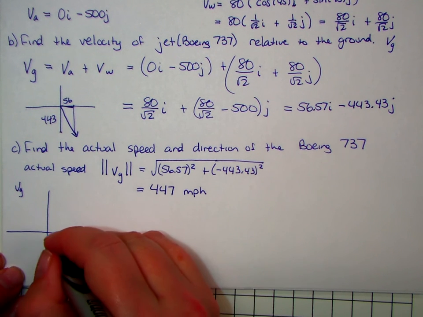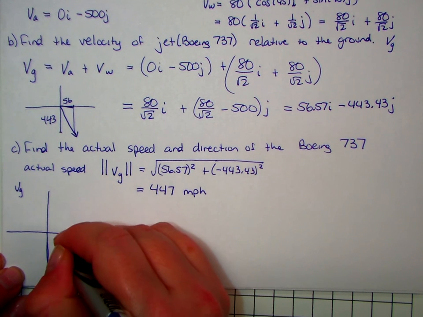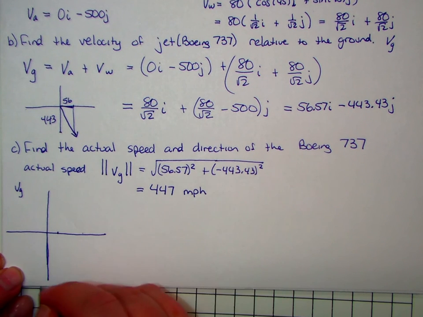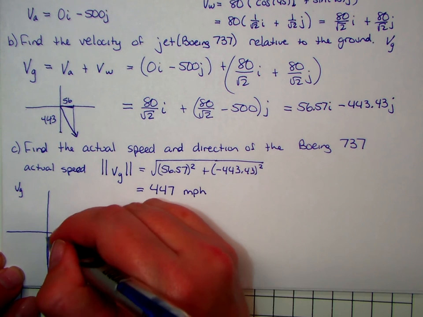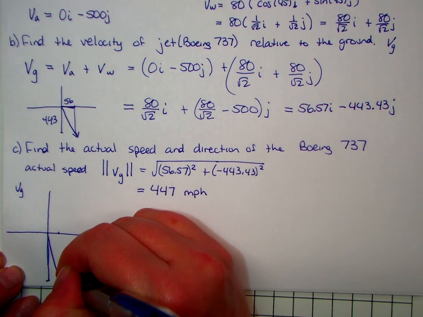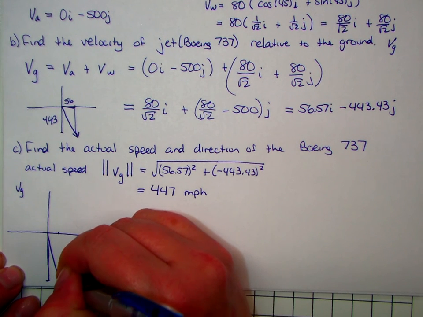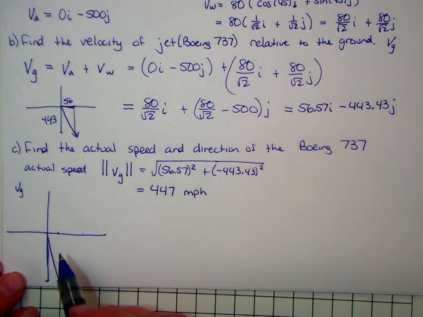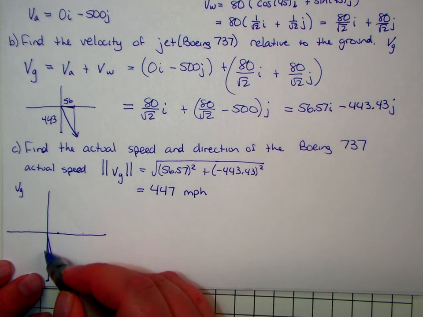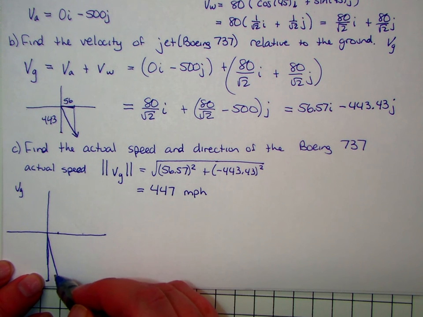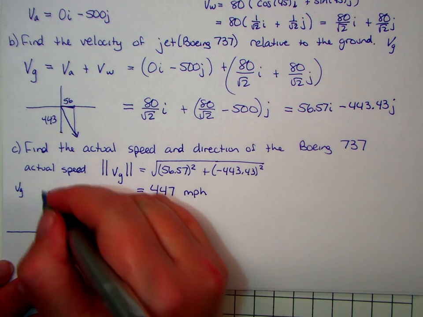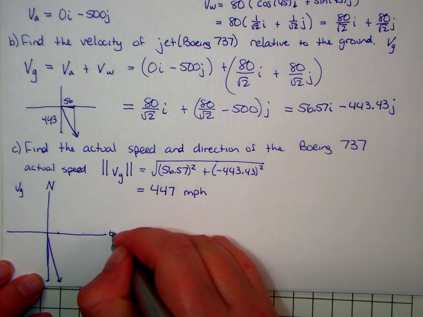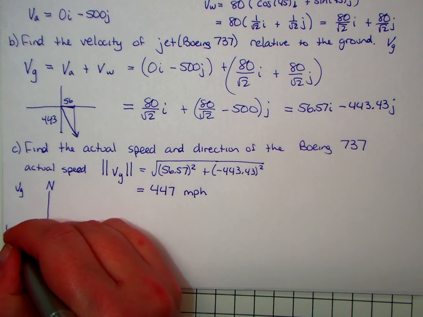Right, so this vector is 56 units over and 443 units down, and so it kind of goes like this. So you can see that the direction of the plane is south and some degrees east, if we did north, south, east, and west here.